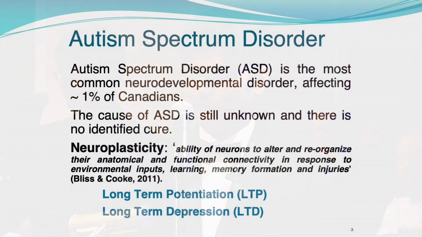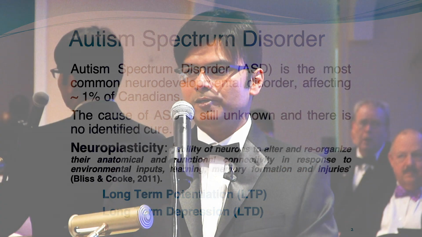This is all about assessing and stabilizing neuroplasticity in autism spectrum disorder using transcranial magnetic stimulation. So autism spectrum disorder is the most common neurodevelopmental disorder, which approximately affects 1% of Canadians. Autism spectrum disorder basically has two core symptom domains.